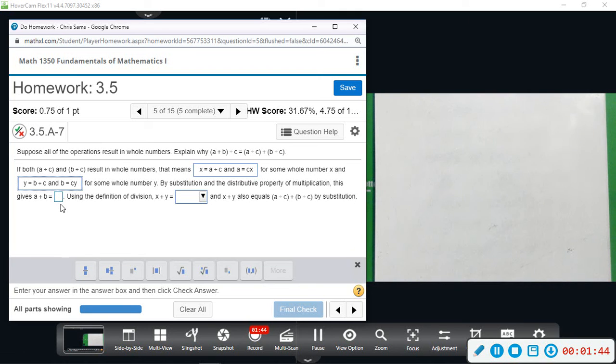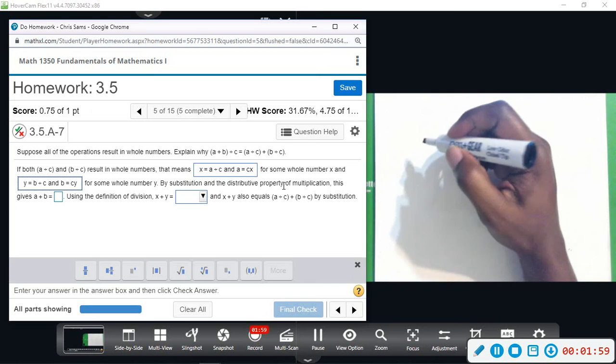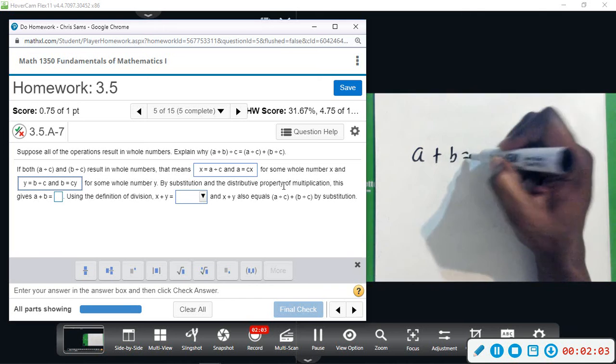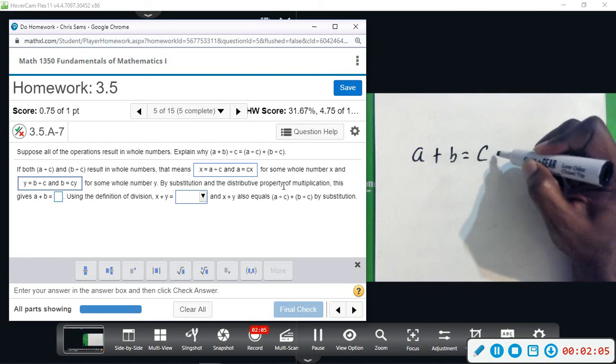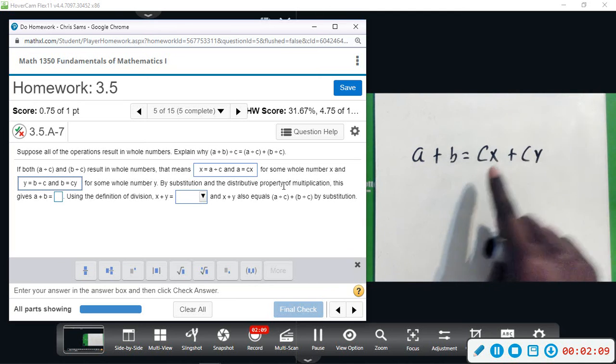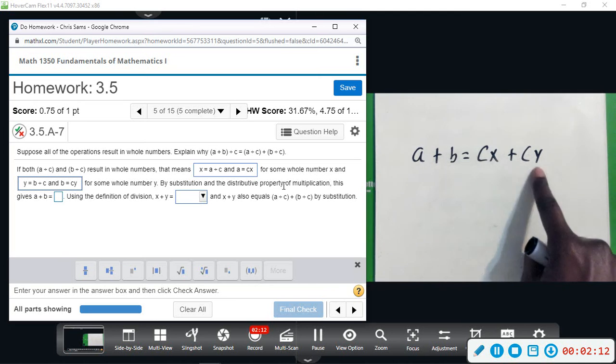Okay, so let's actually see that. We have A is equal to CX, so we're going to be using this by substitution. We have B is equal to CY. That's substitution. Then we're going to do distributive property. So we have A plus B is equal to CX plus CY, because A is equal to CX and B is equal to CY.